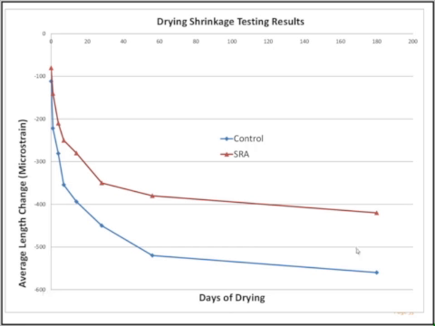If you look at 180 days, we have an approximate shrinkage of 420 microstrain with the use of the shrinkage reducing admixture, compared to the control at about 550 microstrain. That's about a 25% difference in drying shrinkage.